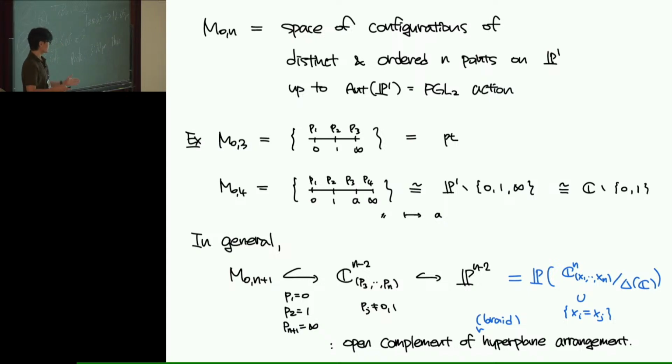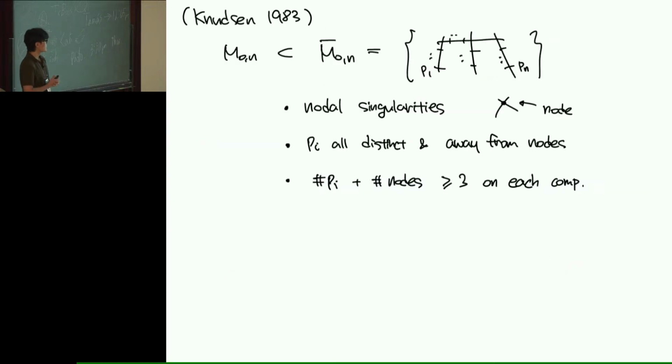So the projective space is one of the easiest compactifications of our M0n plus 1. And one of the most important compactifications of M0n was given by Knudsen. In the notation, we put a bar over M0n. And it parameterizes curves with n marked points.